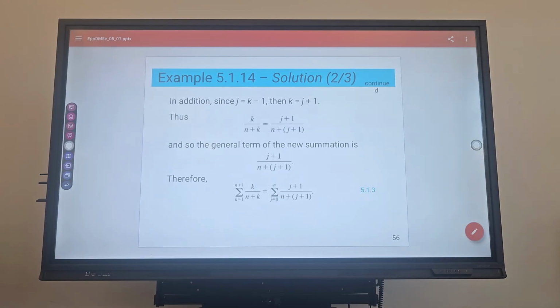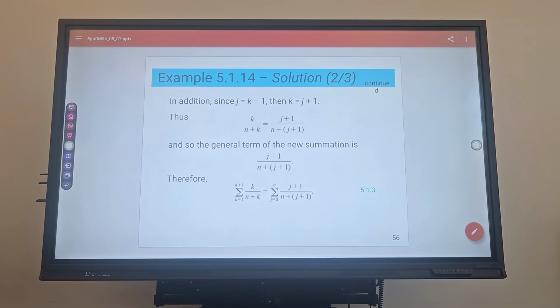In addition, since j equals k minus 1, then k equals j plus 1. Thus, k over n plus k equals j plus 1 over n plus j plus 1. So the general term of the new summation is j plus 1 over n plus j plus 1.